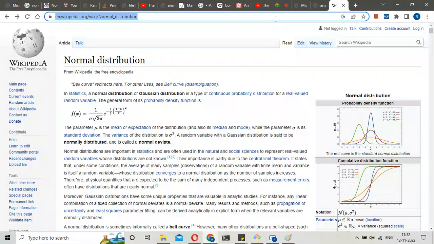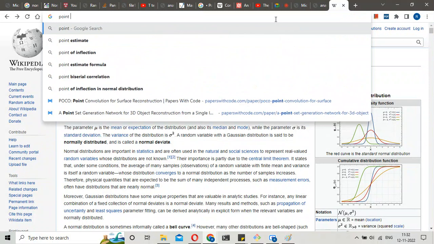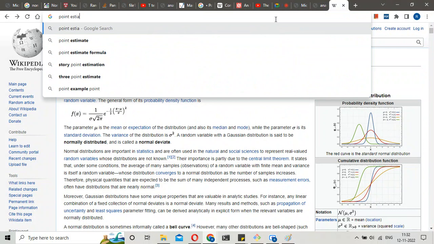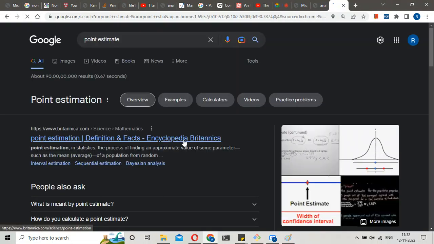When we are estimating exactly one value, what we say is point estimation. So with point estimation, you want to estimate, for example, the average height of some group, and you suggest one value only.